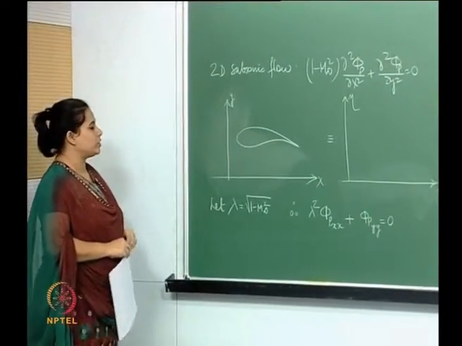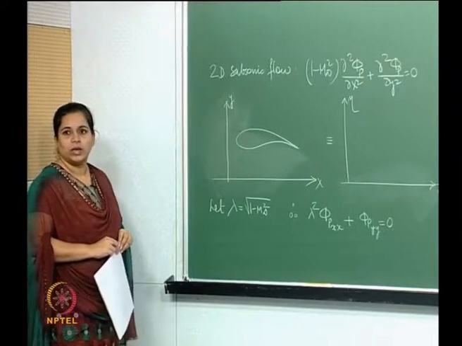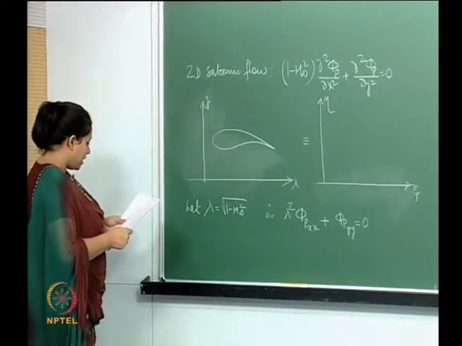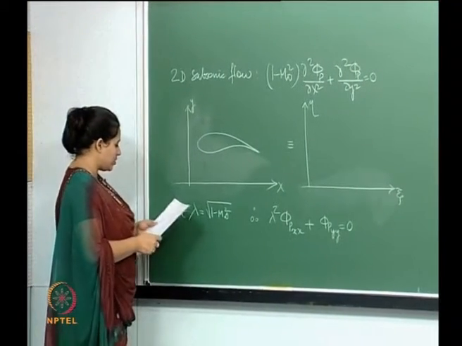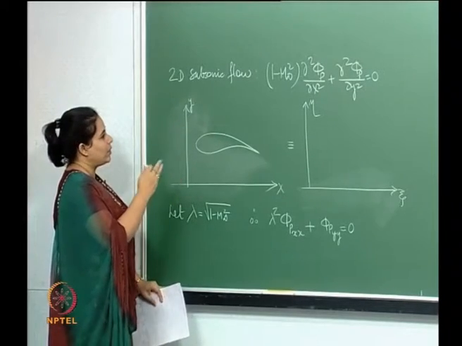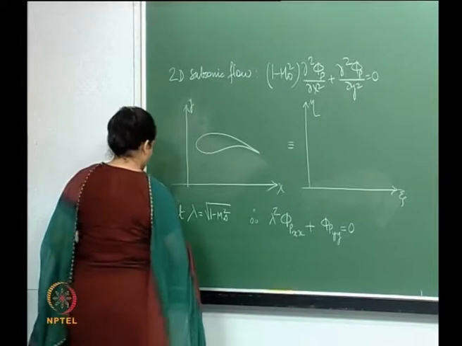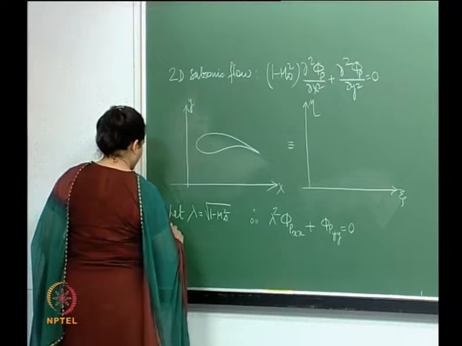I am just writing the governing equation in the xy coordinate system in this form. Now, like I said, the relation between x and z and y and eta: let us use this transformation.